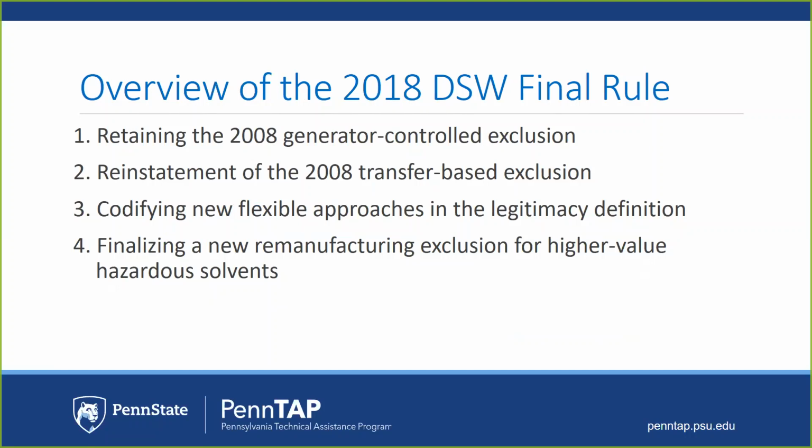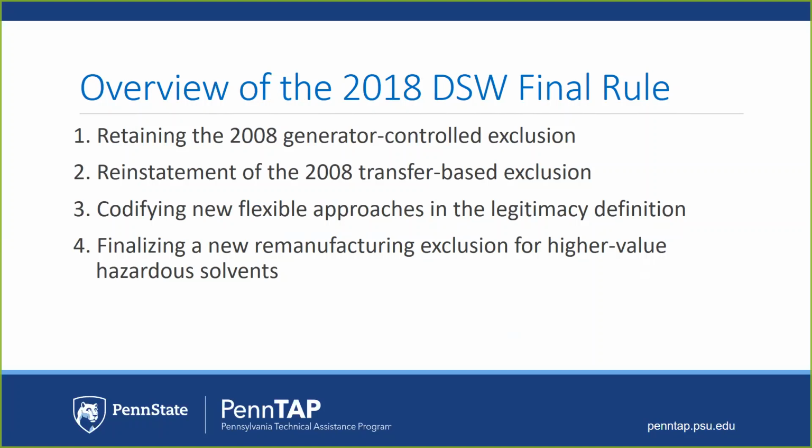The 2018 DSW Final Rule incorporates the following components. First, it retains the 2008 generator-controlled exclusion for hazardous secondary material recycled under the control of the generator. This applies to recycling on-site, recycling off-site under the same company's control, and recycling with a toll manufacturer.